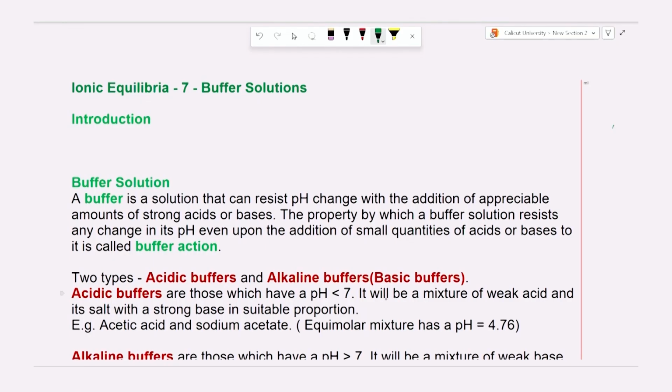Buffer solution, by definition, is a solution that can resist the pH change. It can resist the pH change with the addition of appreciable amounts of strong acids and bases. Even if you add strong acids and bases to it, its pH does not change.